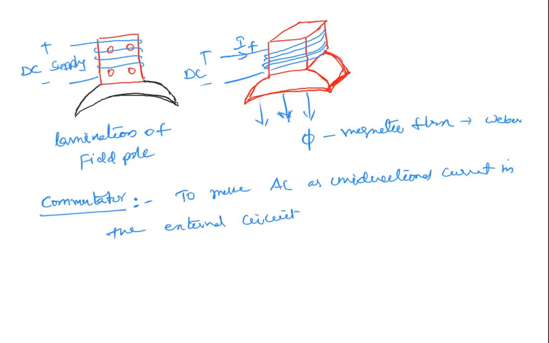It will convert that induced AC or alternating current into a unidirectional current in the circuit. I want to explain that with the help of a simple circuit.